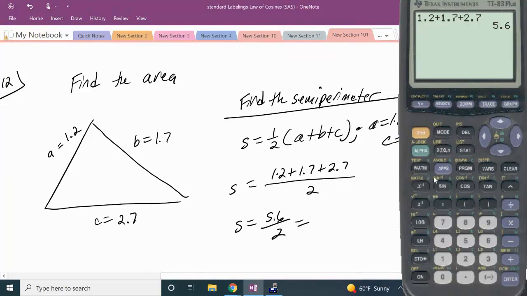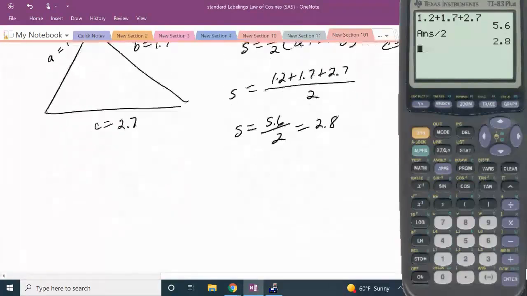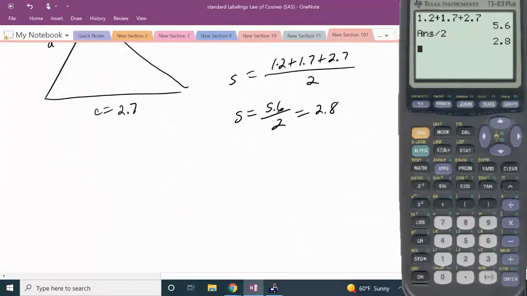We're going to divide that by 2. And we get 2.8. All right, so that's the first thing you want to do, is find S. All right, and now we will find the area.